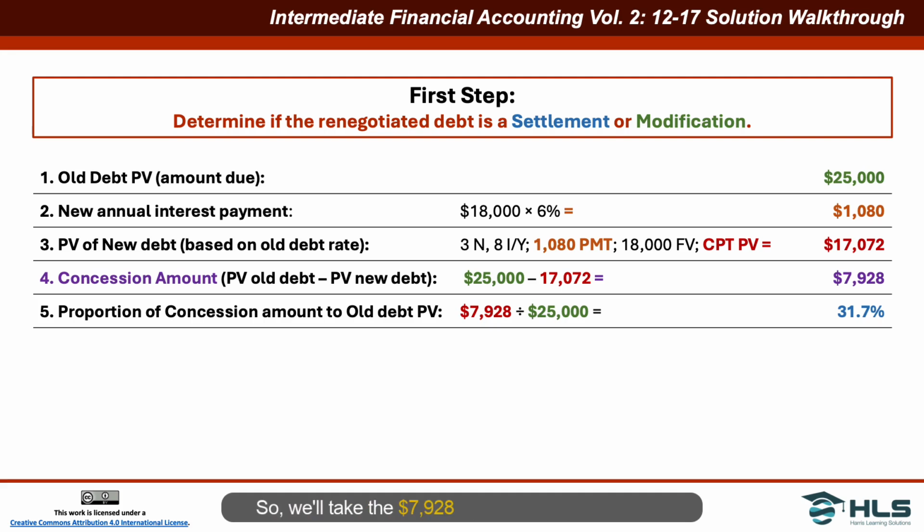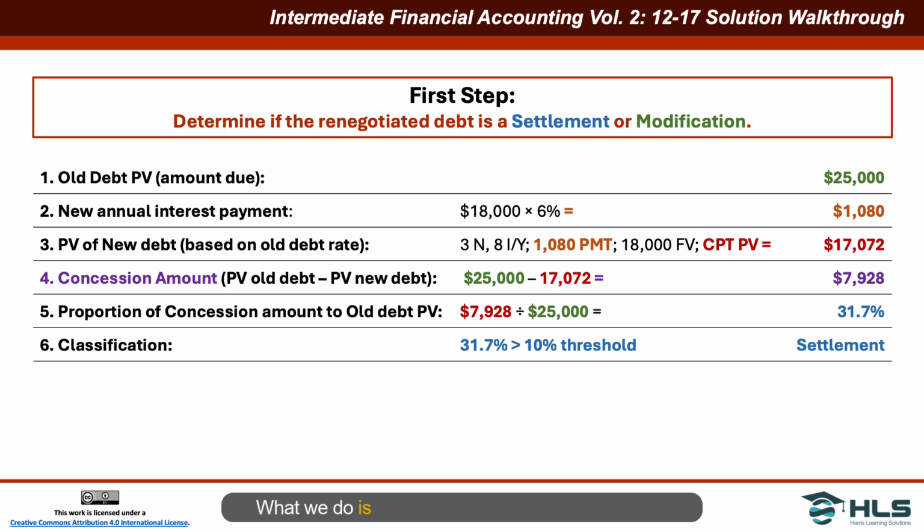So we'll take the $7,928 and divide by the $25,000 present value of the old debt to end up with 31.7%. We compare that 31.7% against a threshold of 10% required to determine if the negotiation is a settlement. In this case, the concession amount of 31.7% is higher than the 10% threshold. Therefore, the renegotiation is classified as a settlement.